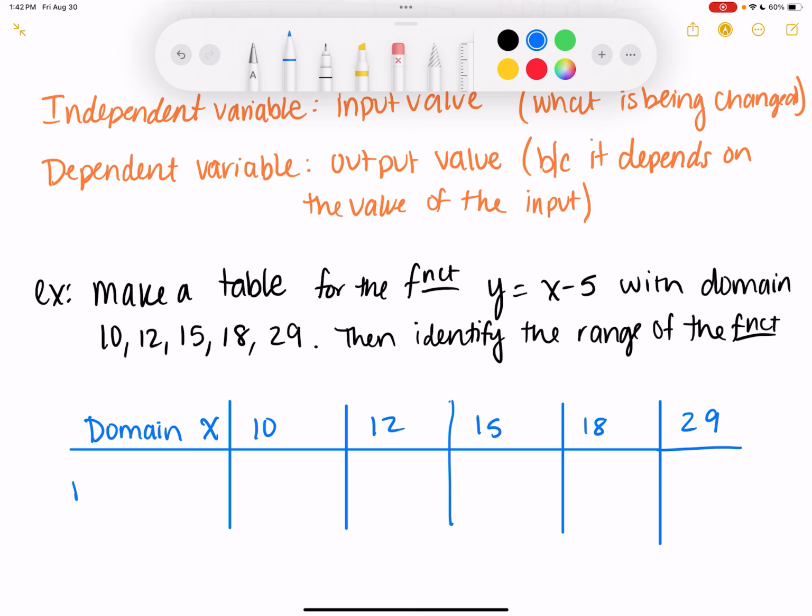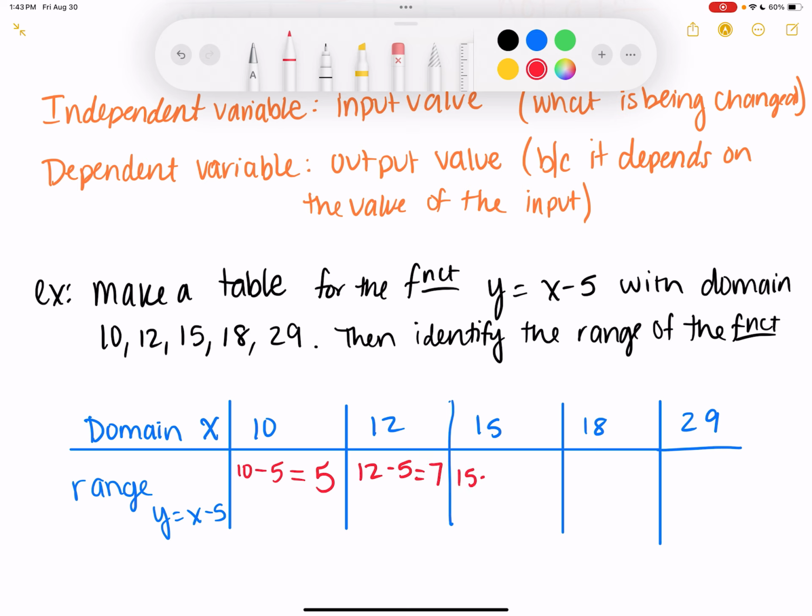Then my range values are going to come from x minus 5, because that is y equals x minus 5. So I'm going to plug in this x number anywhere there is an x, and then I'm going to get out my y value. So this is going to be 10 minus 5, which is 5. So that range value is 5. I'm going to plug in 12 now. So 12 minus 5 is 7.